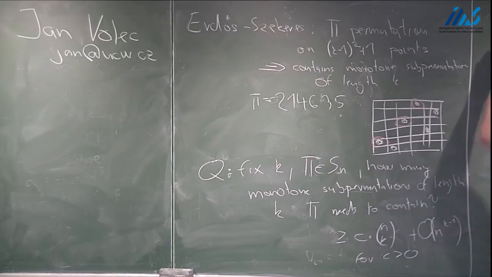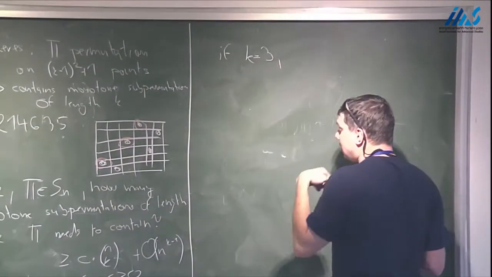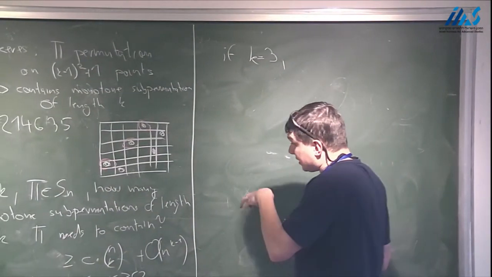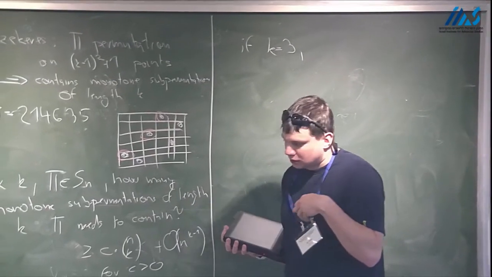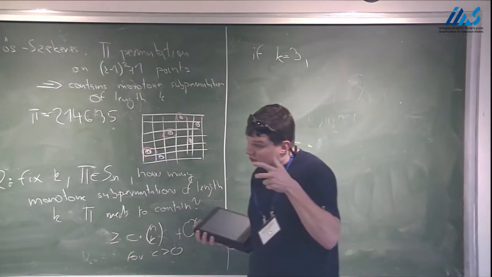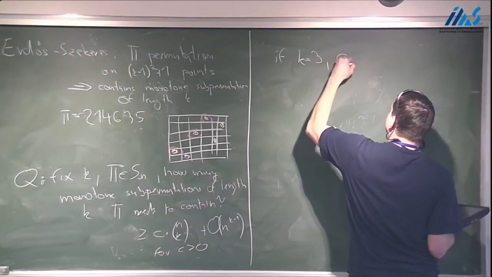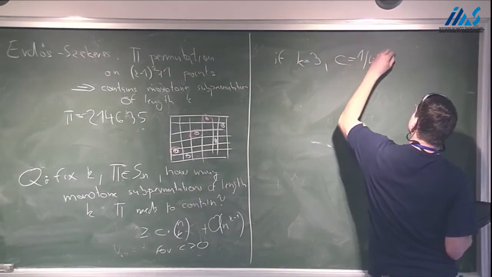Okay. So let me just say that if k is equal to 3, then essentially this can be related to Goodman's theorem on triangles and independent sets of size 3 in graphs, and the answer is 1/4.